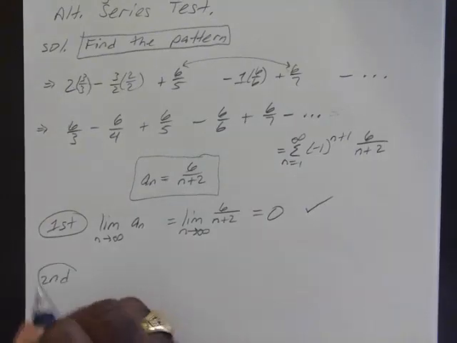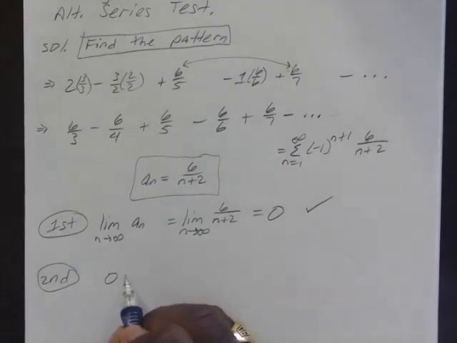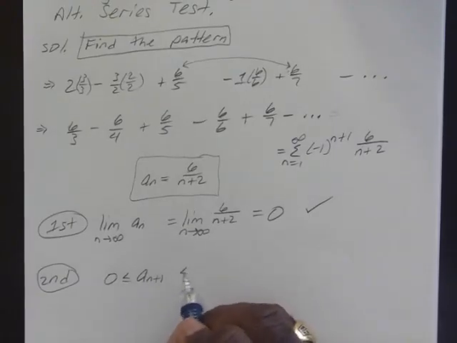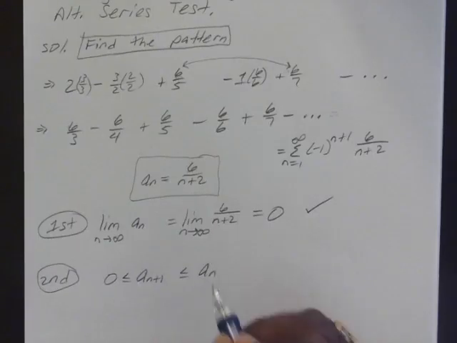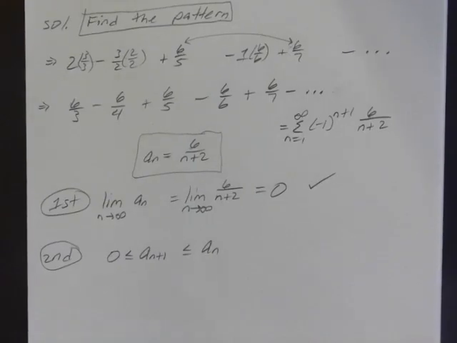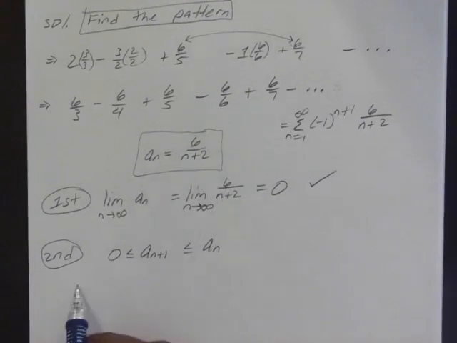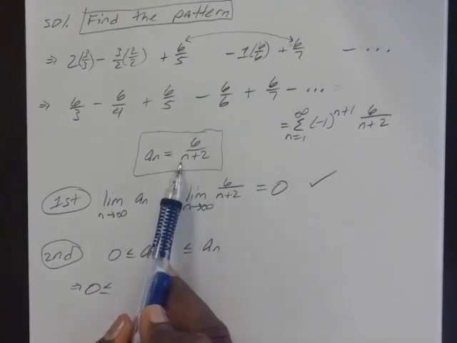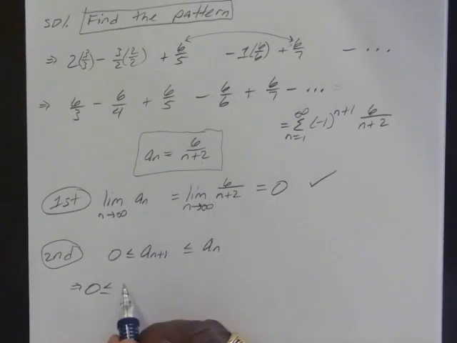And we have our second condition, it has to be non-increasing. So your a sub n plus 1 has to be less than or equal to your a sub n. So that means our a sub n plus 1 is just 6 divided by n plus 1 plus 2.